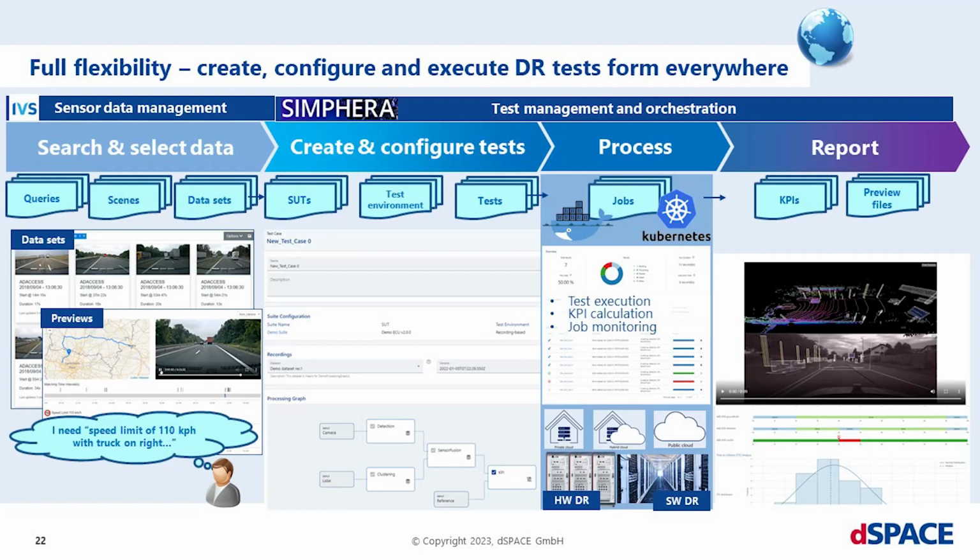KPI calculation can be done on the fly or in post-processing, and the reports are finally accessible via the Synfera web front end for evaluation. After introducing the whole data replay testing workflow, a final picture of the toolchain can be drawn.